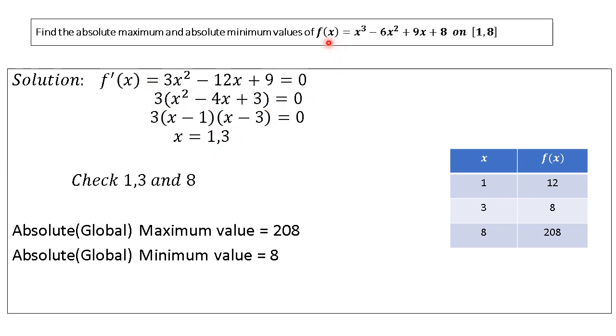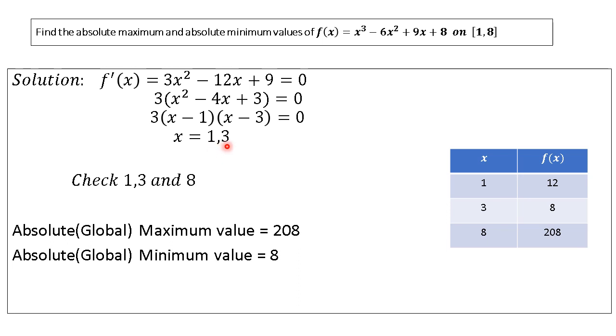So yes, here f dash of x, the differentiation of this, is 3x square minus 12x plus 9 is equal to 0. Here 3 is common, take it outside, and factorizing you will get x is equal to 1 and x is equal to 3. Putting f dash of x equal to 0, we get the critical points. Here we get two values, x is equal to 1 and x is equal to 3.